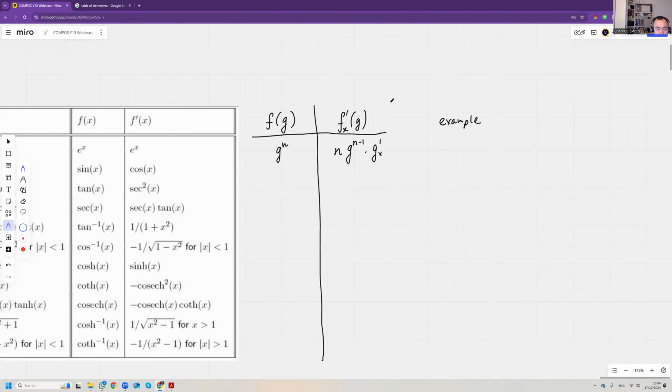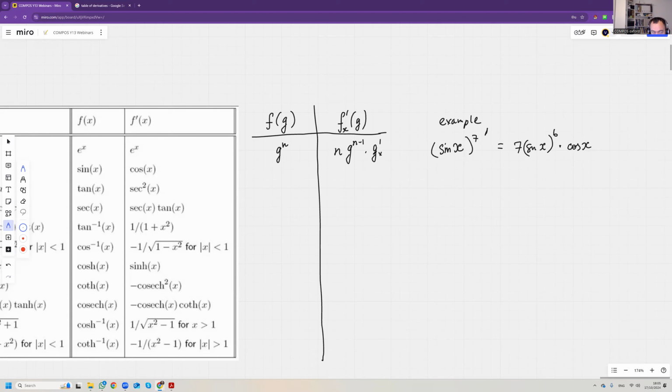Let's say it's sine x to the power 7, and the derivative of that is 7 sine x to the power 6 multiplied by sine x prime. So it's multiplied by cos x. Okay, so that's how you use this rule, right?